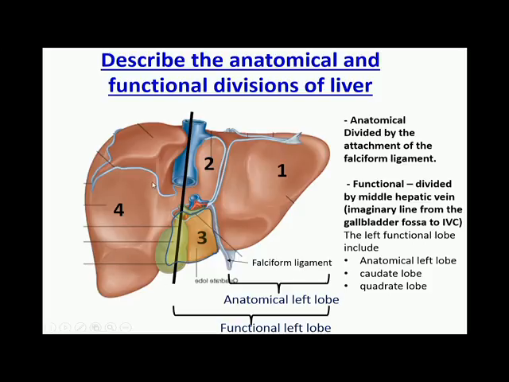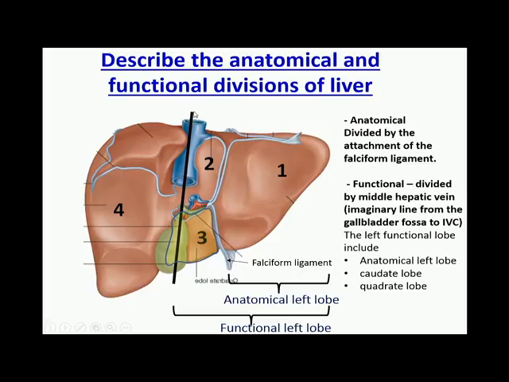But functionally, based on their blood supply, the division of the left lobe and right lobe is different. The functional division is a line connecting the inferior vena cava and the gallbladder fossa.